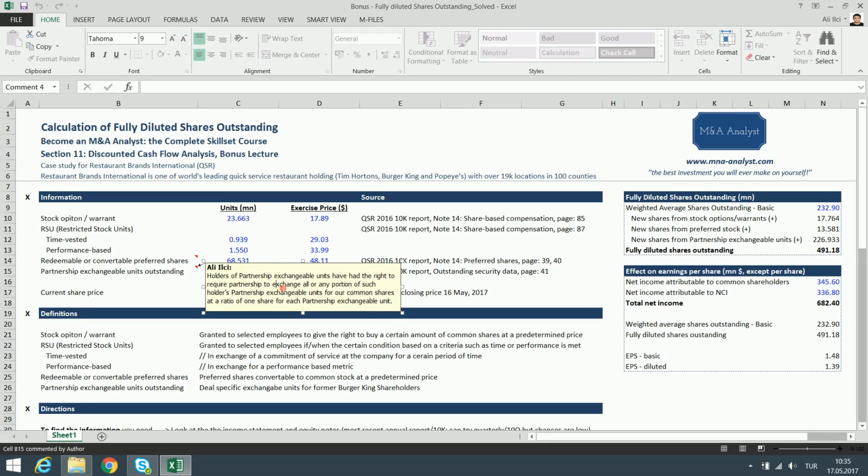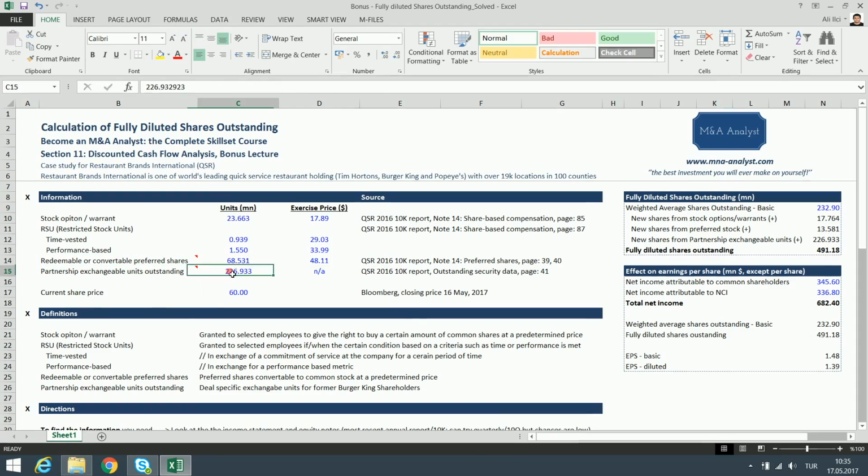So whenever a former Burger King shareholder wants to get the common stock of the newly established company, they will receive 1 unit of common share for each Burger King share they have. And as you can see here, 227 million are outstanding as of the end of the 2016 fiscal year.